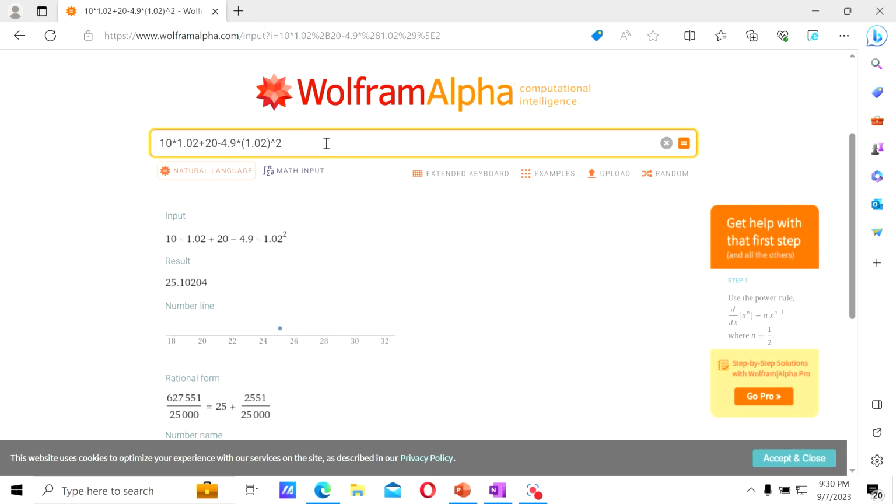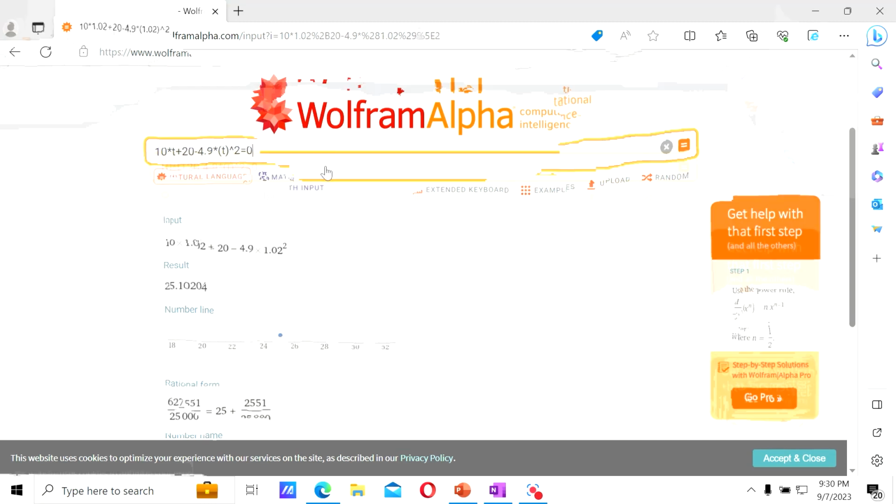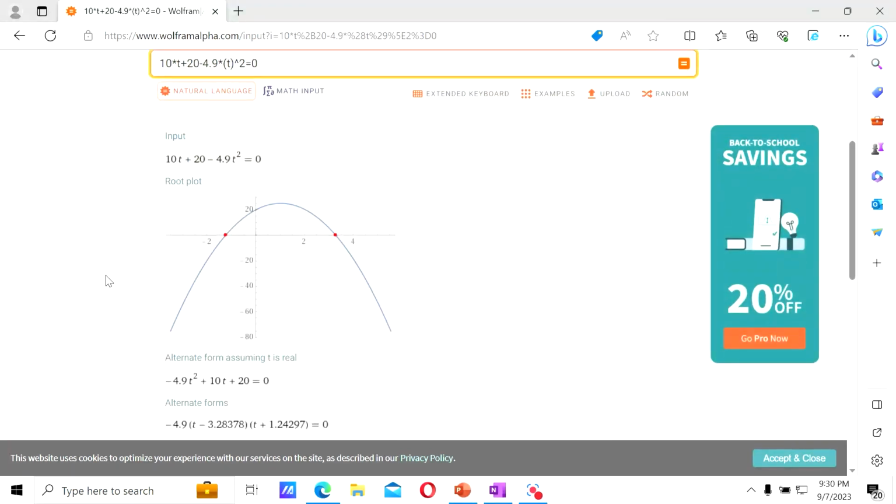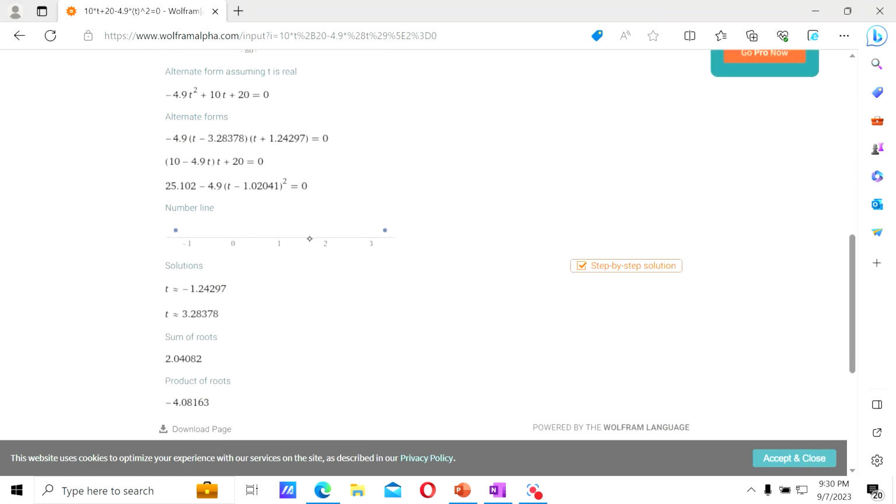Okay, so we can already see that it has a negative root and a positive root. The negative root is negative 1.2, so that is not possible.